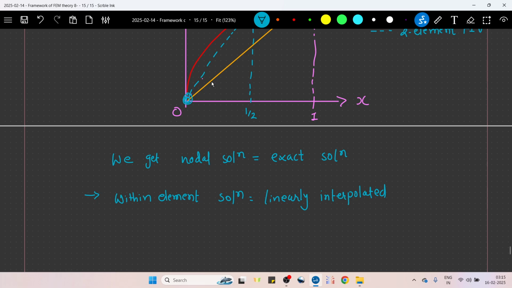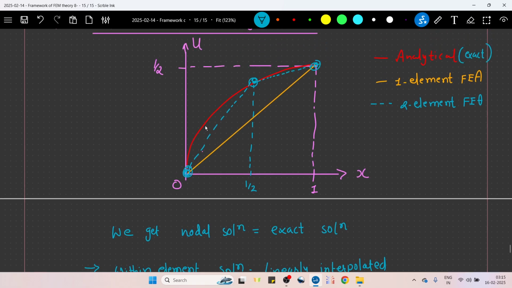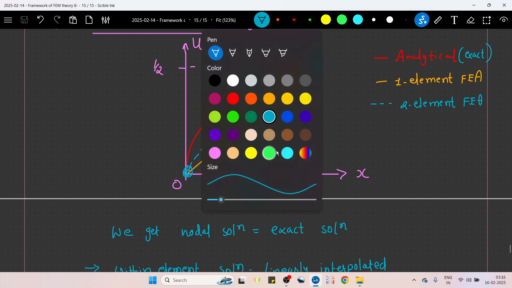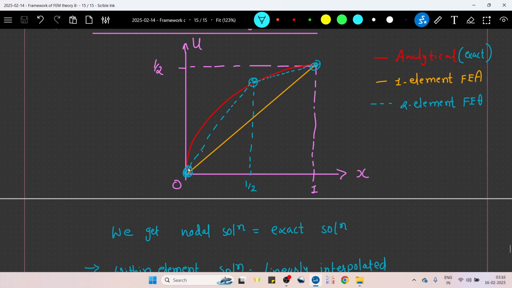And if you see, from one element we went to two elements, and we were able to capture the solution at the middle point exactly. Now if you further divide it into four elements, you can obviously get the solution something like this.